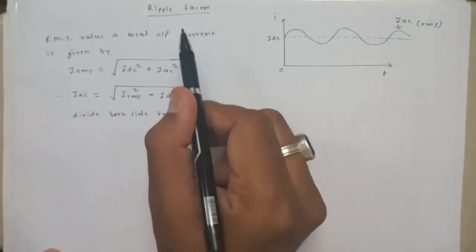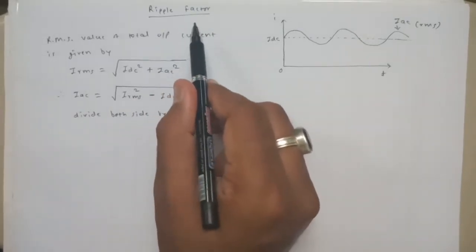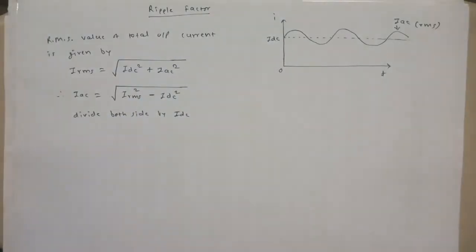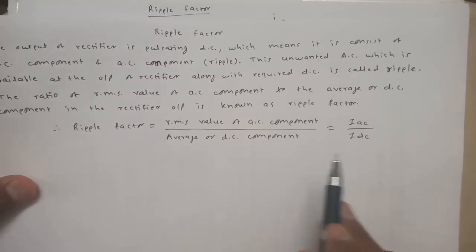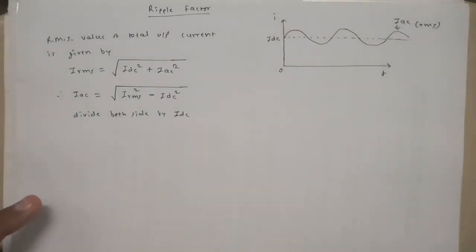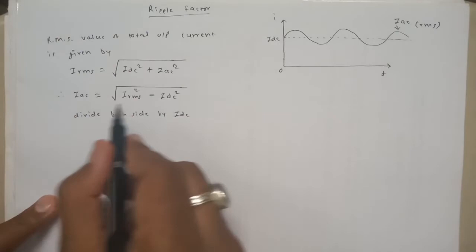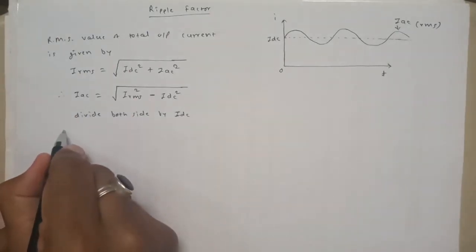If you remember, in the previous slide I showed you the equation for the ripple factor, right? That's why I am doing all this, because I am interested in getting this IAC by IDC, and that's why I am making this modification. So now, after dividing throughout by IDC, what am I getting?